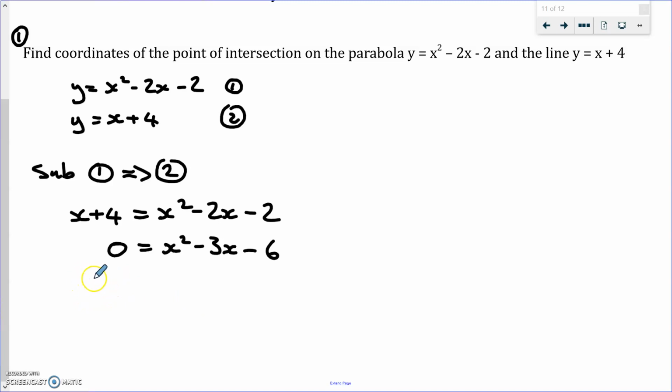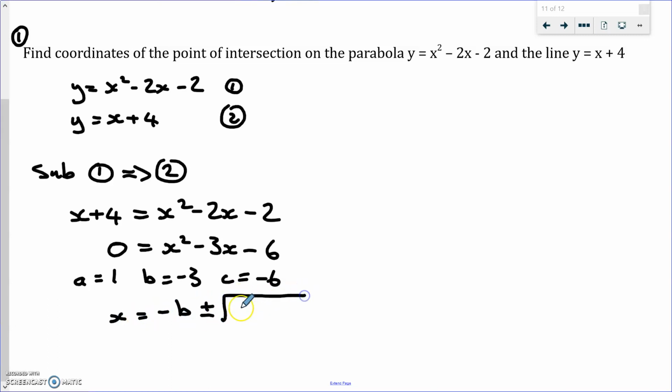You might remember, a equals 1, b equals minus 3, c equals minus 6, and x equals minus b plus or minus the square root of b squared minus 4ac, all over 2a.